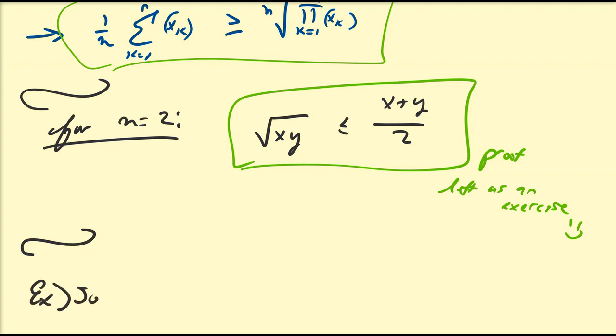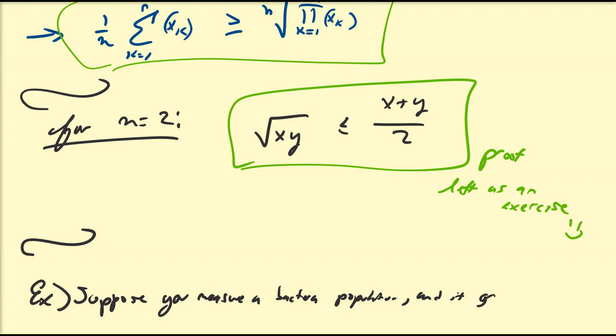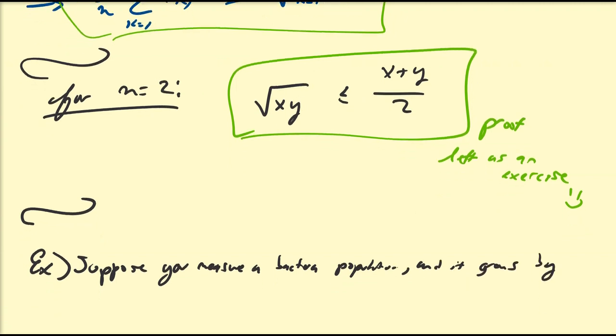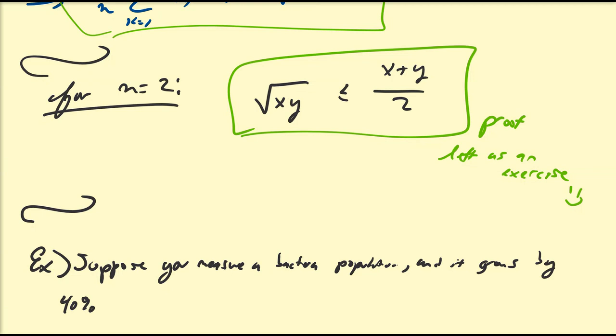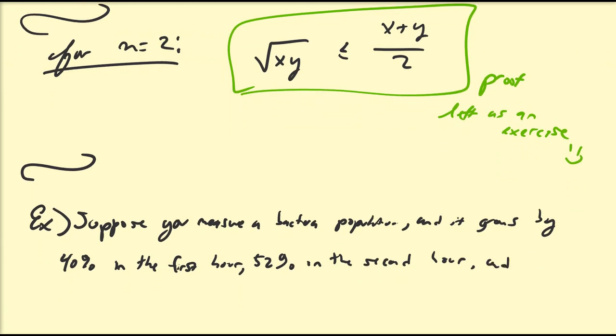So suppose you measure a bacteria population and it grows by, say, 40% in the first hour, 52% in the second hour, and let's say it grows by 47% in the third hour.